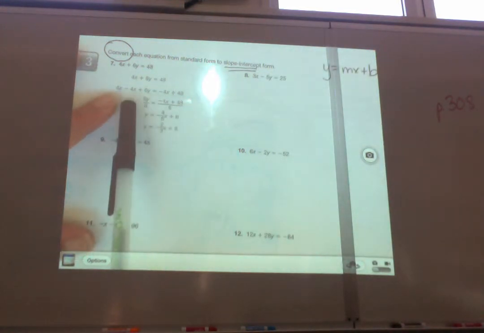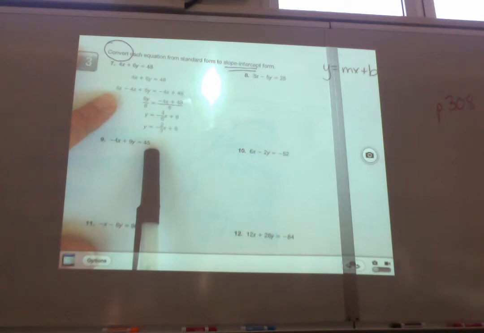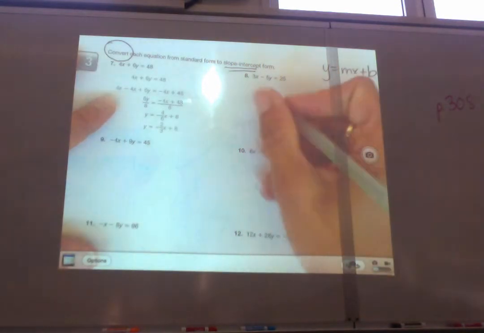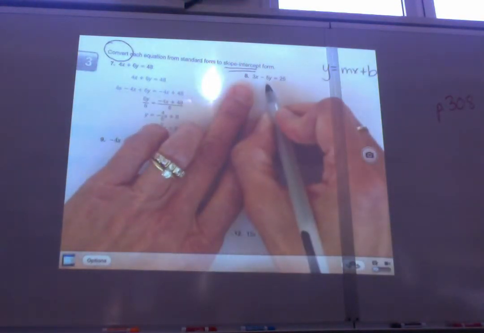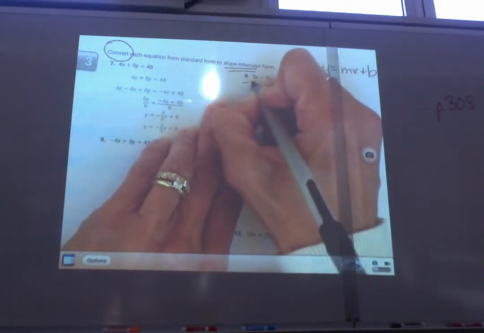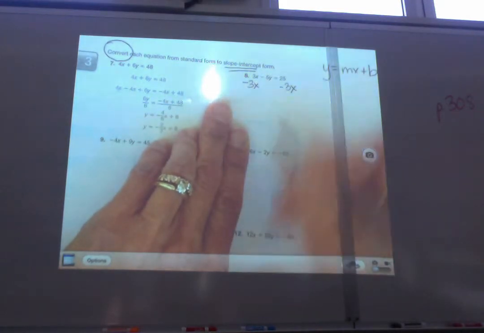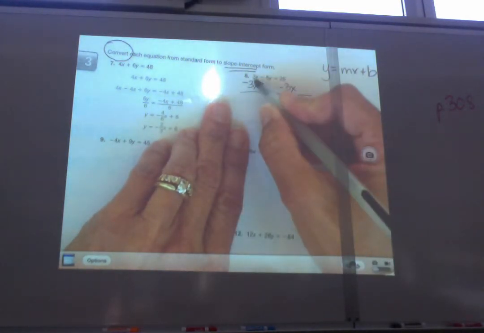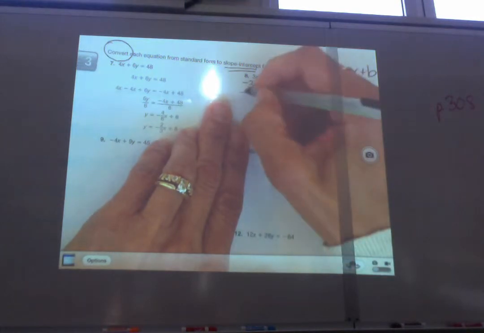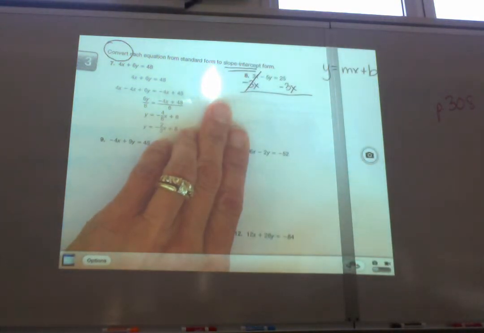They show you how to do it for one equation. We're going to do it right here. We need to get y by itself. We need to get rid of the x term. Was a positive x, so I'm going to add a negative x to both sides of the equal sign.